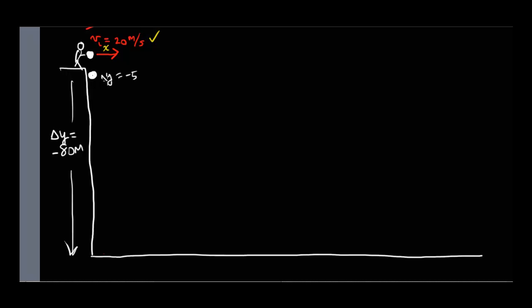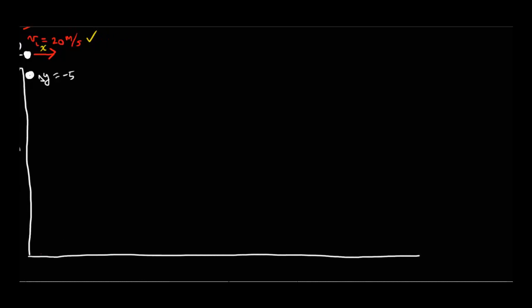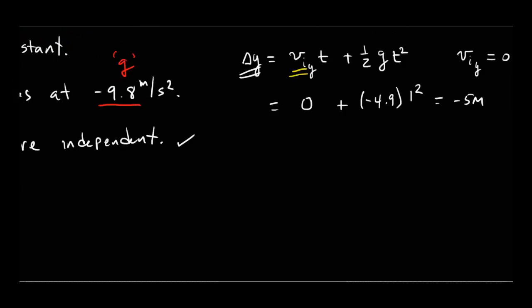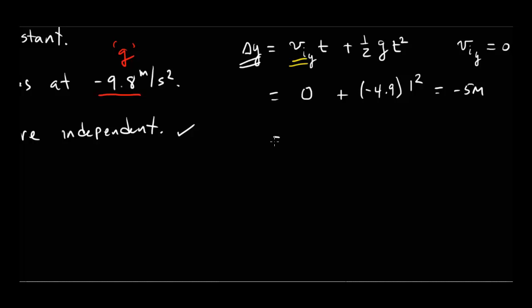Delta y equals negative 5. All right. Well, what about after 2 seconds? I can repeat this calculation for 2 seconds. 0 plus negative 4.9 times 2 squared. 2 squared is 4. Multiply by this thing, it's going to be 19.6, or about negative 20 meters, rounding.